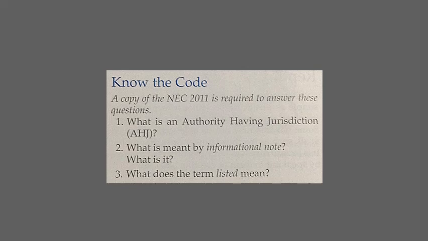That would be an authority such as a city inspector or county inspector or a state or federal inspector that has been certified by the state, by the city or municipality to carry out inspections and to enforce municipal, city, or local laws or regulations or code that pertain to electrical work.